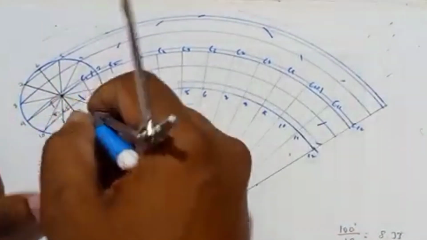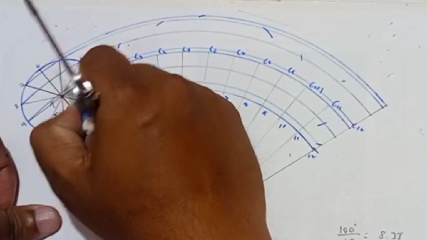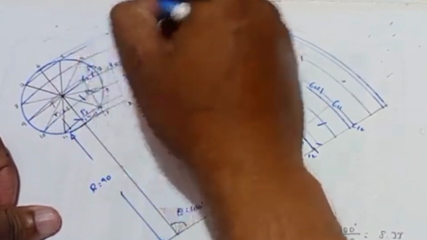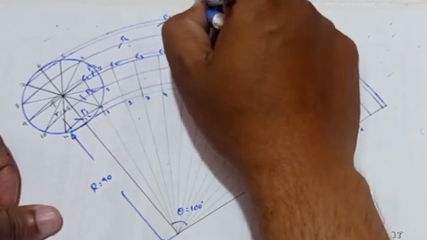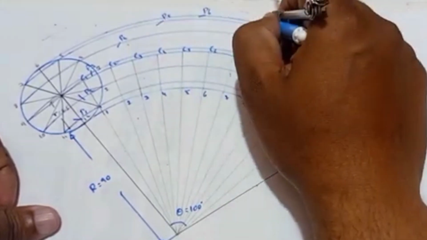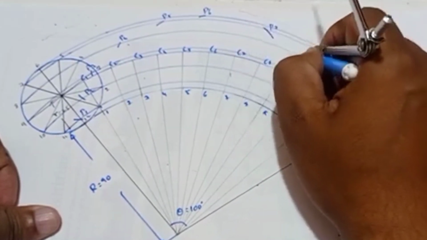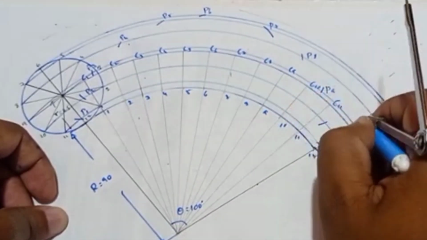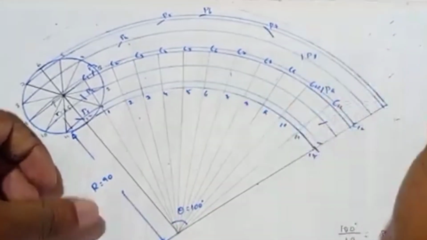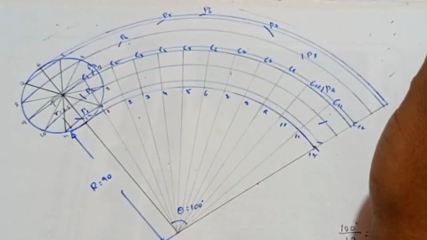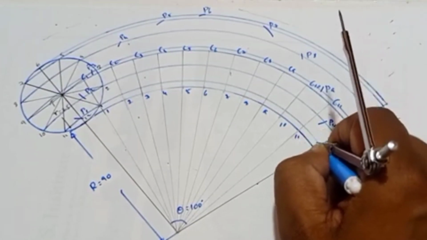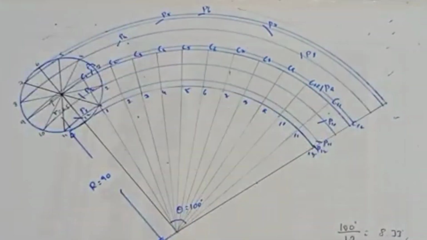Okay, so now you have to join these points. I can give these points names. I'll write this one as P1, P2, P3, P4, P5, P6, P7, P8, P9, P10, P11, finally P12. So now I have to join this.